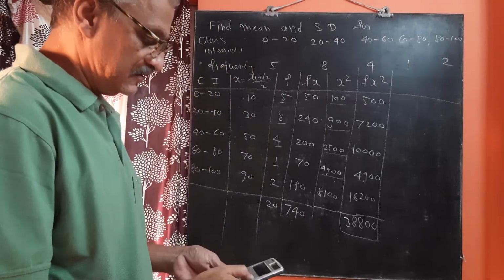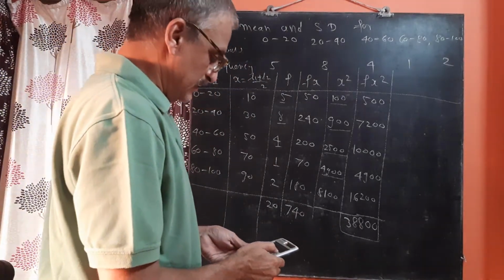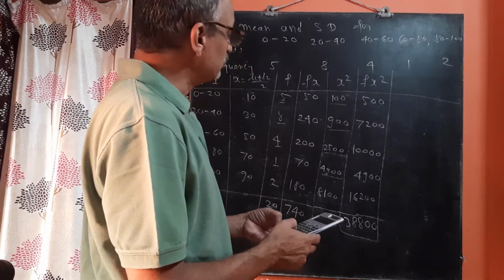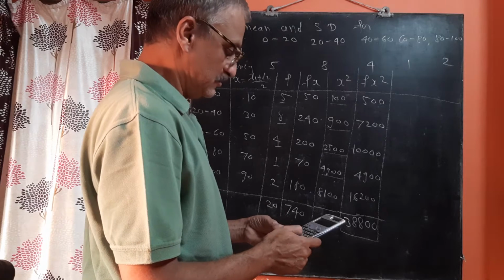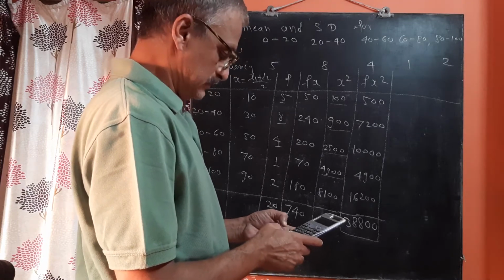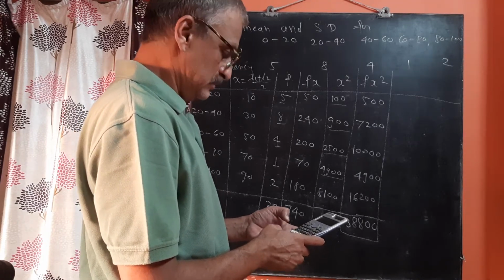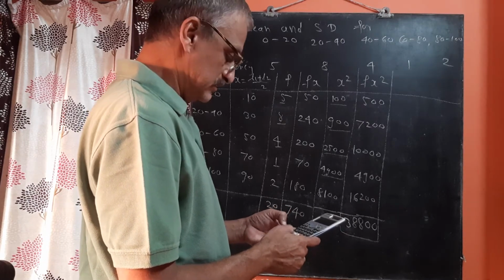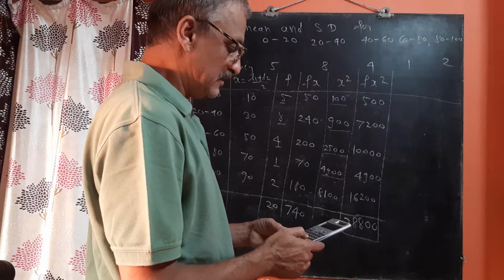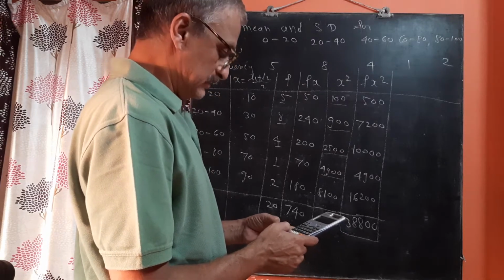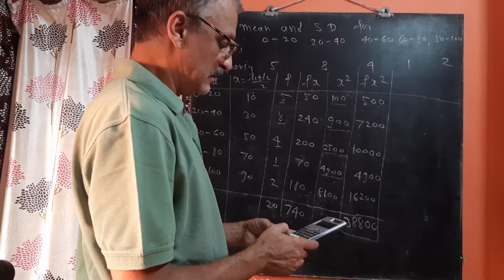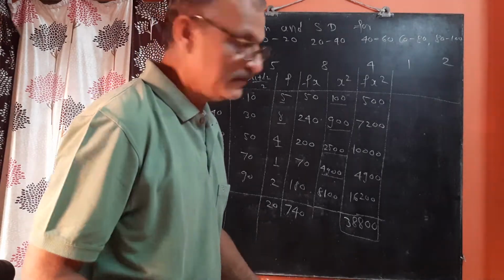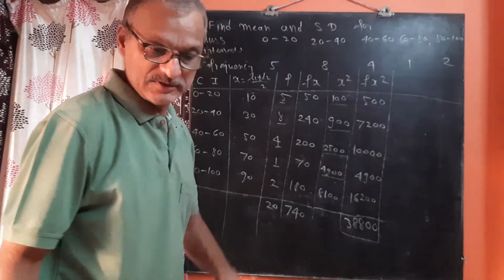Let us check whether it is correct or not. So 500 plus 7200 plus 10,000 plus 4,900 plus 16,200 is 38,800. So that is the value of summation of fx square.